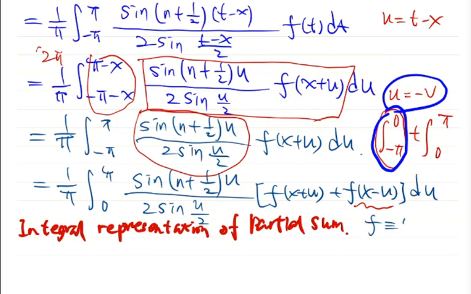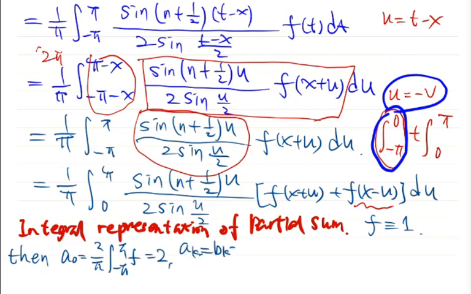Then what do we get? Then our a0 is 2 over pi, integral from minus pi to pi of f, that is 2. a0 is 2. And the other ak are 0. ak equal bk equal 0.